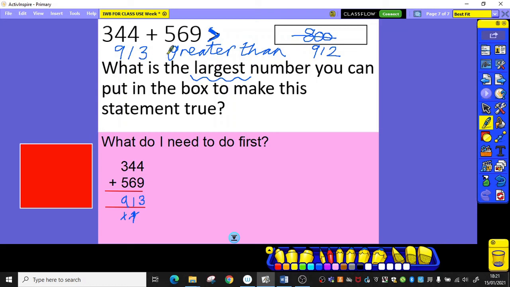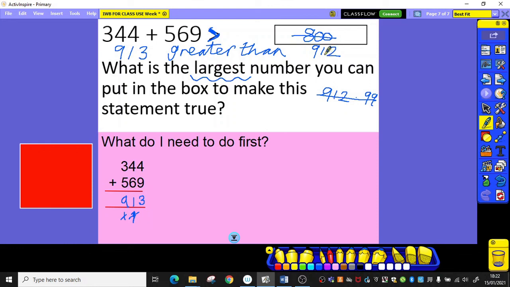Because I can't have 913, that would be the same. I would need an equal sign then. And we've already said we're only going to deal in whole numbers. So I couldn't have, for example, 912.9. Even 0.99. We've said whole numbers, please.